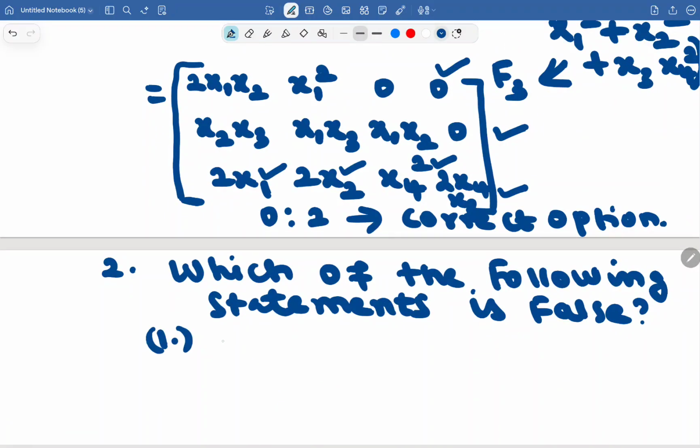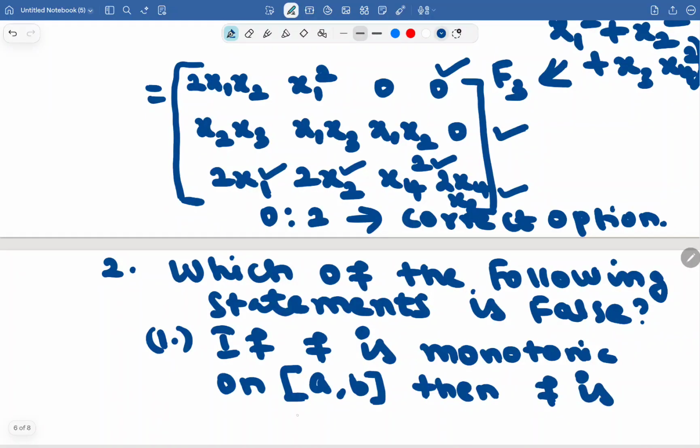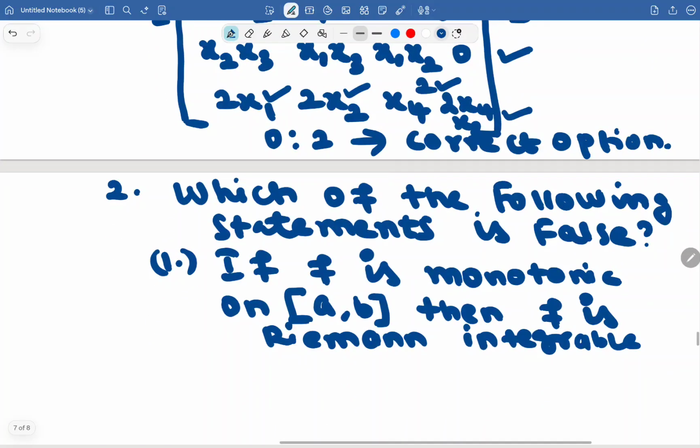First option, if f is monotonic on a comma b, then f is Riemann integrable.